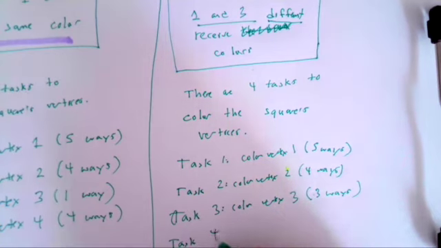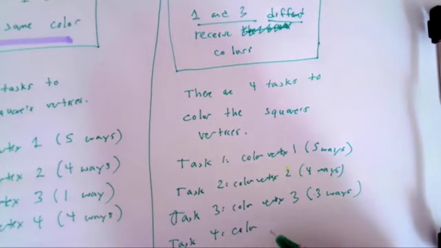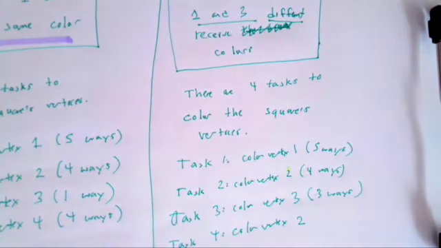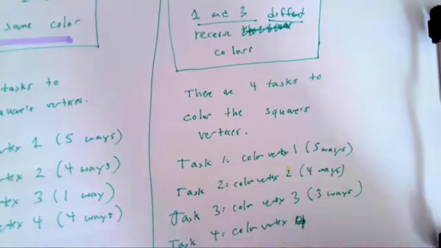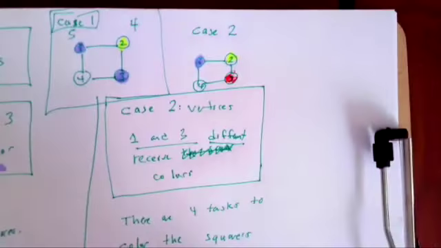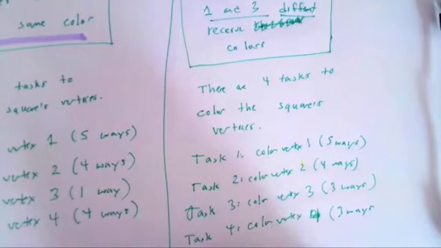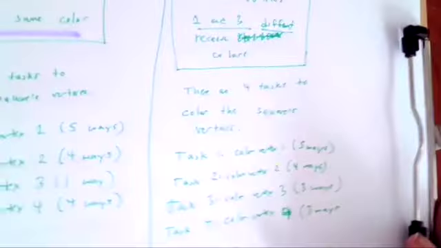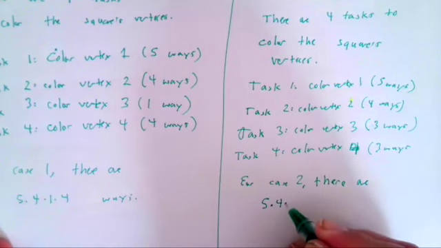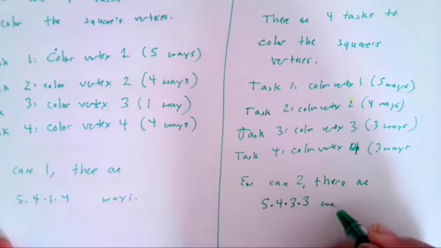And finally, task 4 is to color vertex 4. Now I've locked out 2 of these colors, so I only have 3 ways to color vertex 4. So for case 2, there are 5 times 4 times 3 times 3 ways.